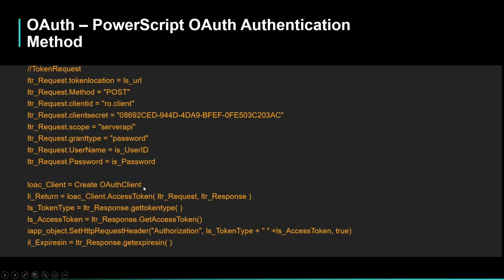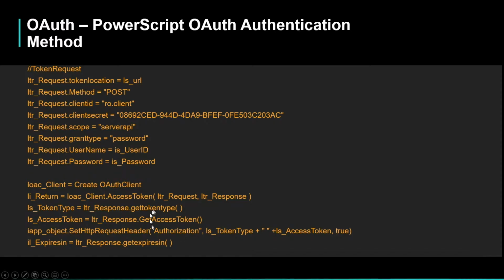We're going to create the OAuth client. One of the methods of the OAuth client is access token, where you send in the request, you get a response back. The response is actually an object, though. So, with the JSON Web Token approach, we use the JSON parser to get the results, pull the results out.